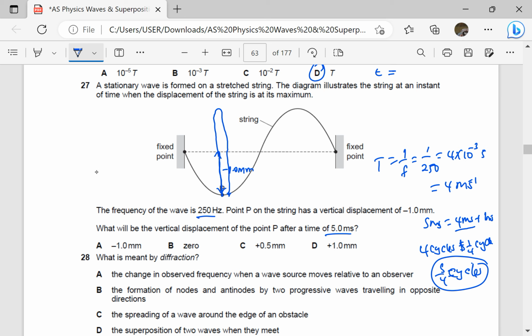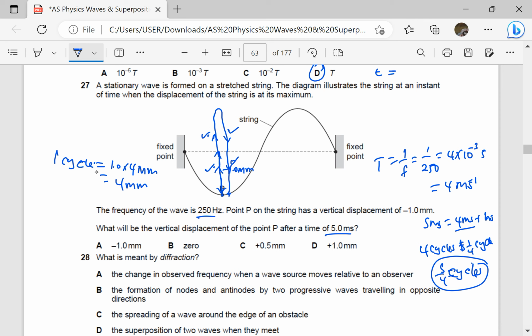So one cycle is going to be equal to a distance of 1.0 times 1, 2, 3, 4. Here it is going upwards, downwards, back to its initial position. So one cycle is going to be 1 times 4 millimeters, which is 4 millimeters. So in one cycle it covers 4 millimeters.